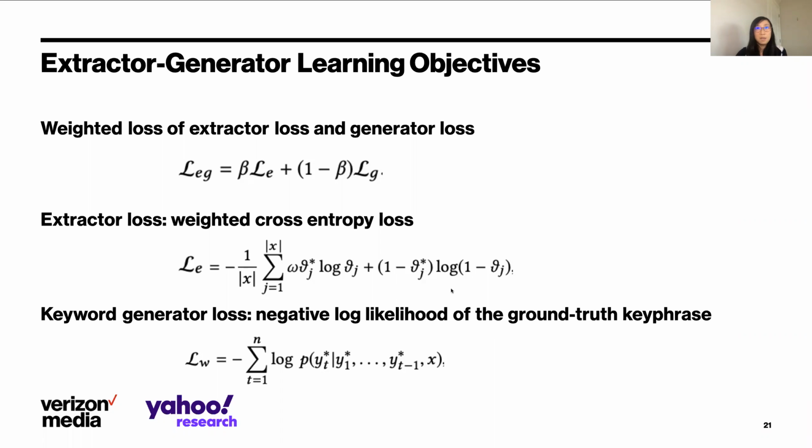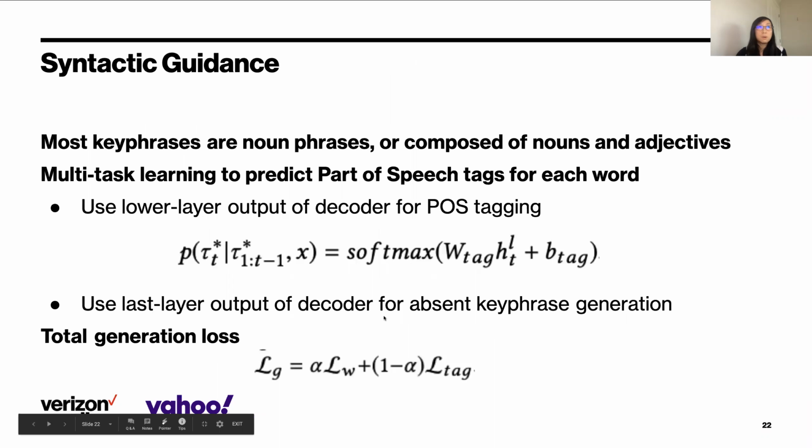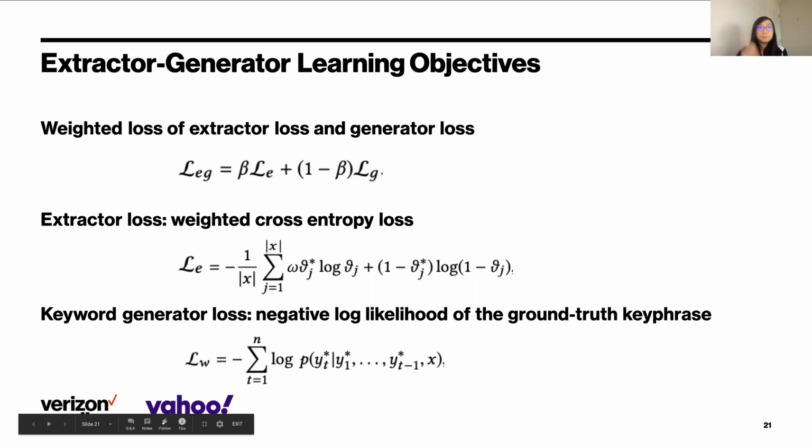So the negative is not a part of a present key phrase, and positive is part of a present key phrase. And then for the generation loss, here we are introducing the keyword generation loss, which is the negative likelihood of the ground truth keyword. So it's given the previously generated keywords, the probability of generating the current word. So it's a negative likelihood.